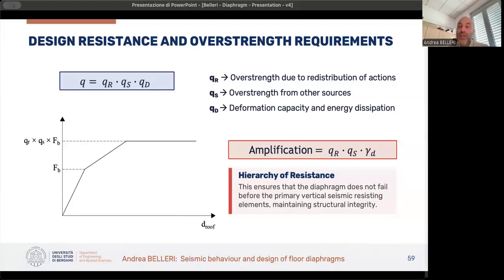And this is an actual limitation of the building code. So a good way to define and obtain the design load for the diaphragm would be to follow the static analysis that I mentioned before. In that case, you can find the right inertia forces and the right transfer forces.